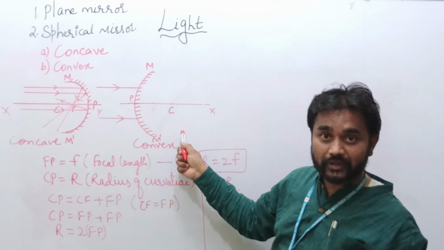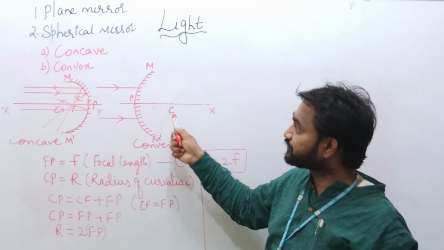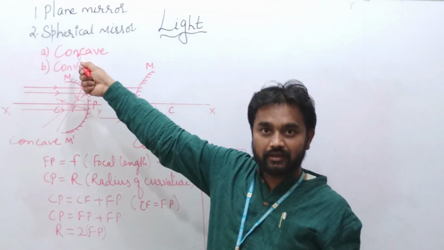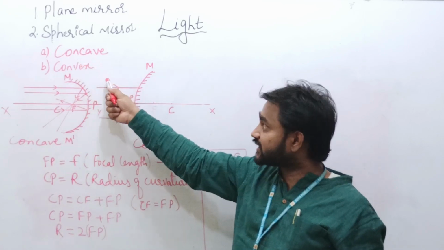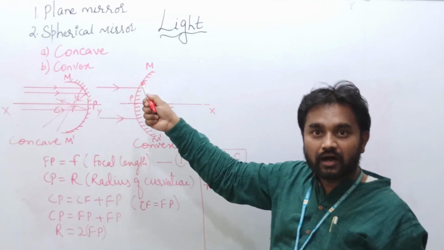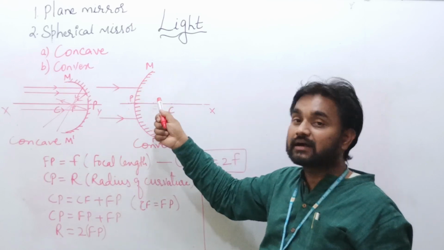But here in convex, what is going to happen? It is going to reflect in front of the mirror, but the reflected rays are not meeting. They are diverging.